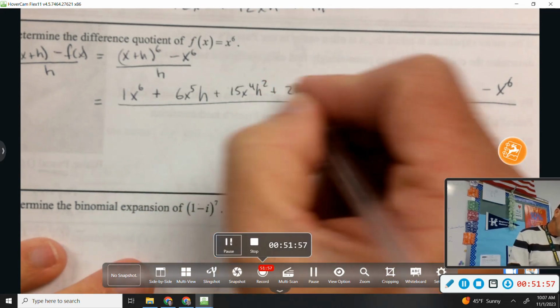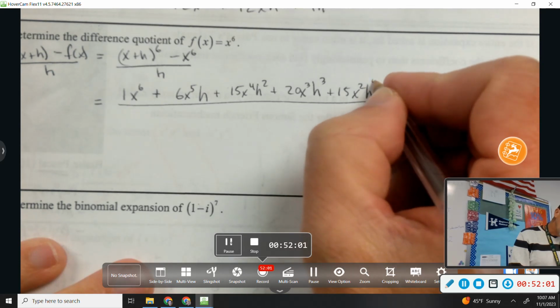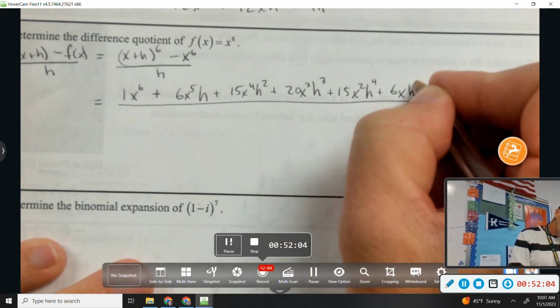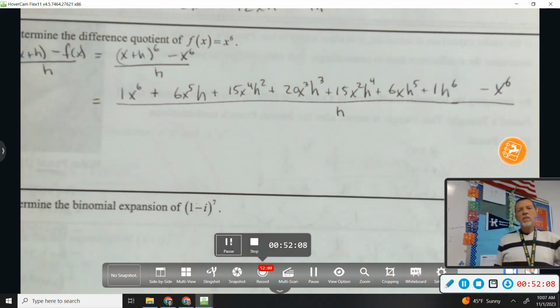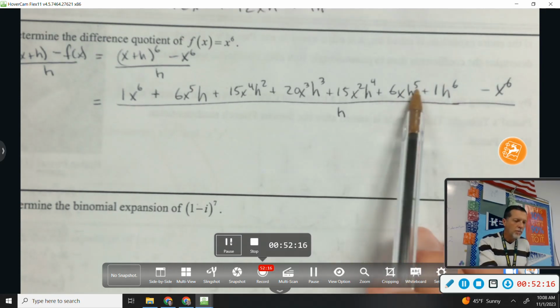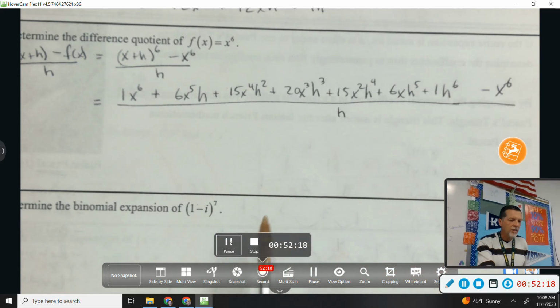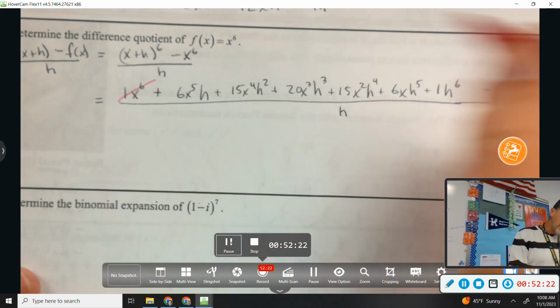So my h's are counting up now. My x's are going down, my h's are going up. In each term, the powers add to 6. Once again, the x to the 6 will cancel.